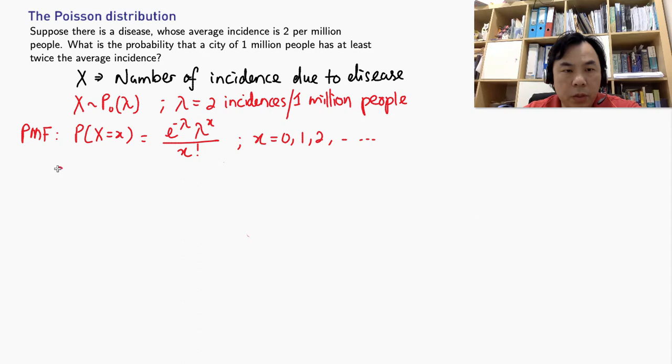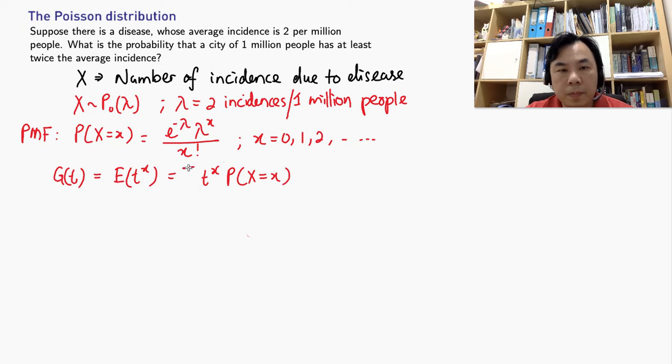So the probability generating function G(t) is given by definition as the expectation of t to the power of X, which is the same as the sum of t^x times the probability, which is given by this. Therefore, I can write it as the sum of t^x times e^(-lambda) lambda^x over x factorial, where x starts from 0 until infinity.